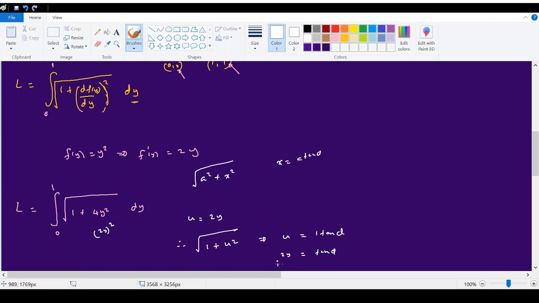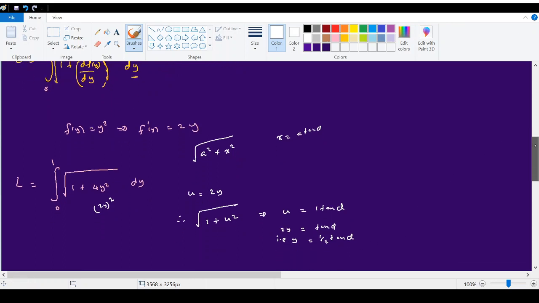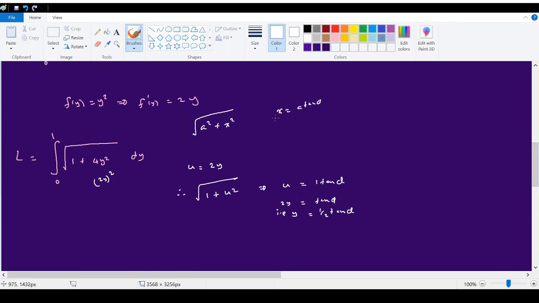That is, y is equal to half tan theta. So this should be the correct substitution. And if you are not clear with this calculation, please refer to the video set related to the previous chapters, right? And then with this substitution we can simplify the integral.